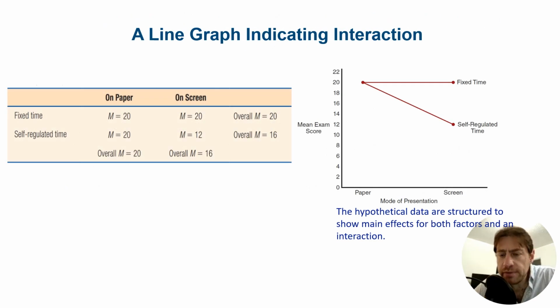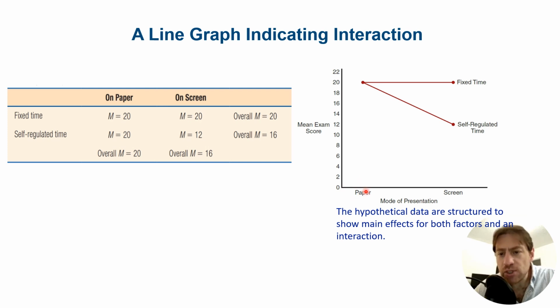So one way of visualizing an interaction is to plot your data, your 2x2 design in this case, using line graphs. So here we have this graph where on the y-axis you have the dependent measure, in this case the mean exam scores. On the x-axis you have one of your factors, one of your independent variables, in this case mode of presentation and the two levels.